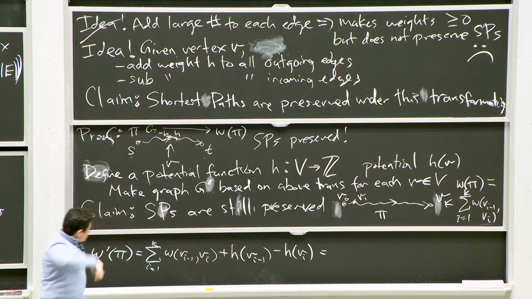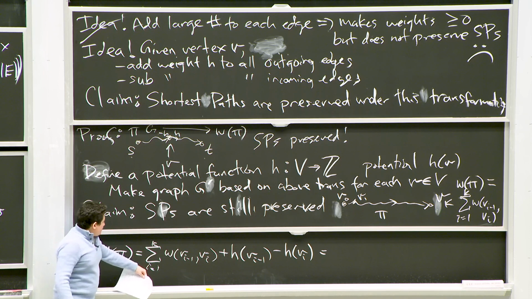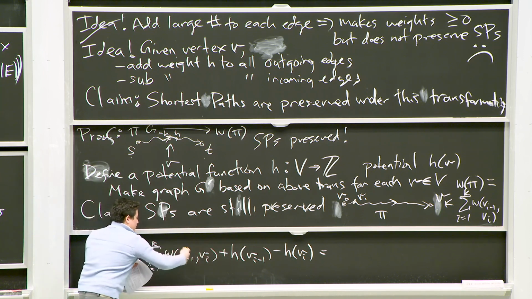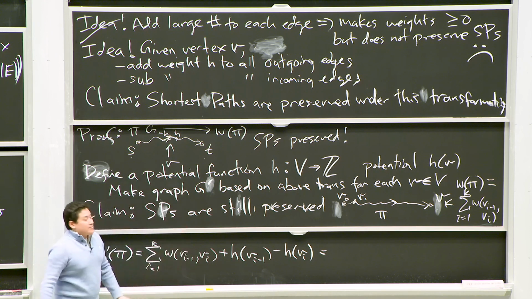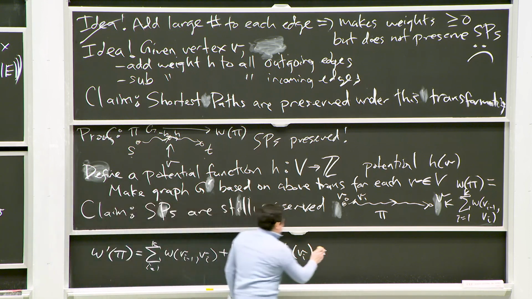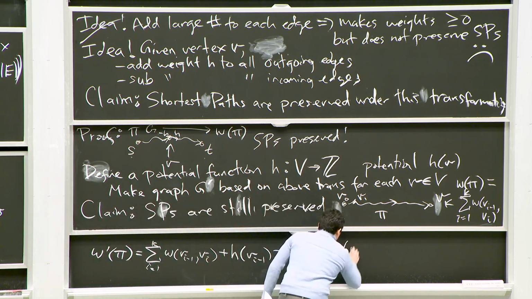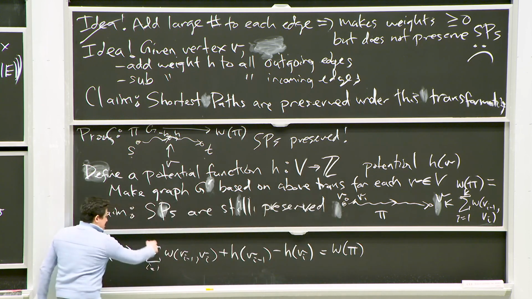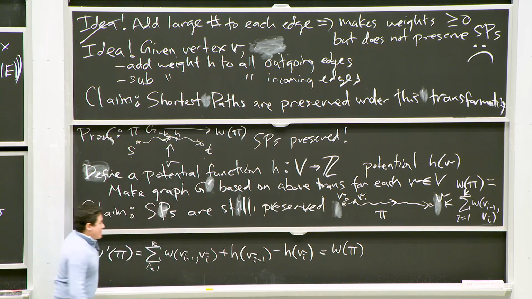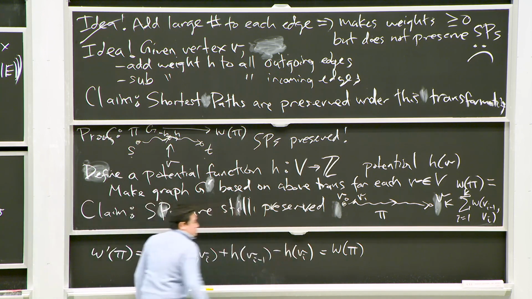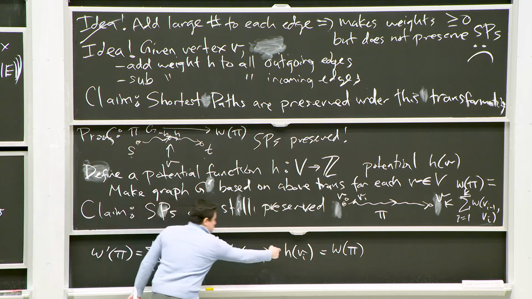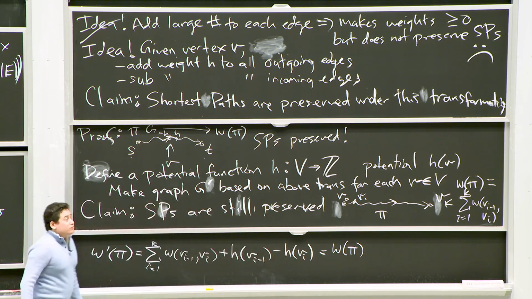Okay? Now what happens here in the sum? This term, if I just took the sum over this term, that's exactly my original path weight, right? So that's good. But you'll notice that this sum has k terms, and this sum has the subtraction of k other terms, but most of these terms are equal, right?